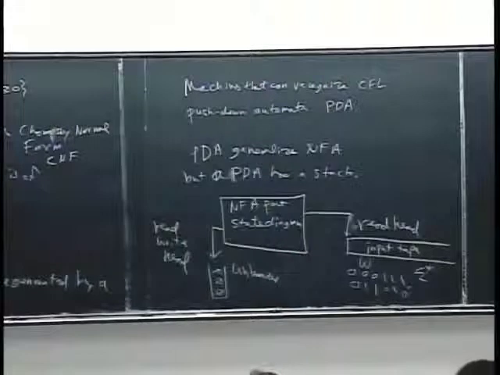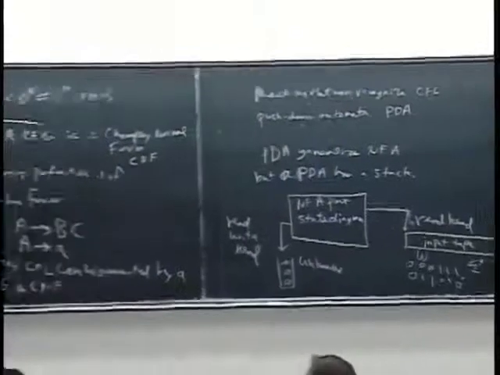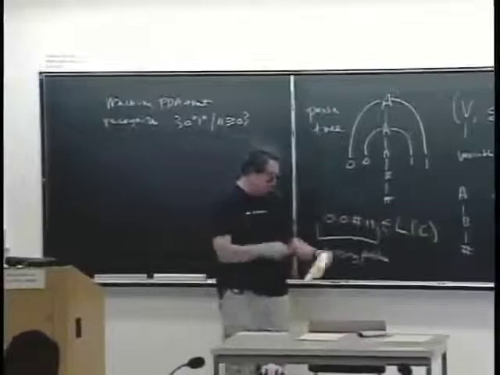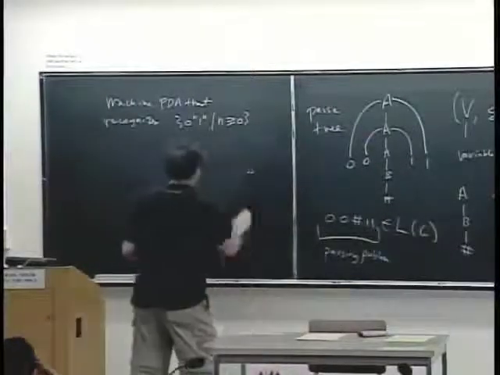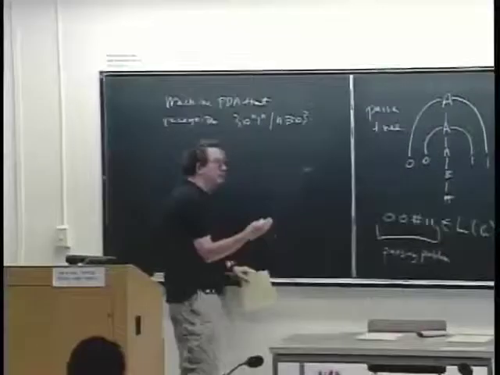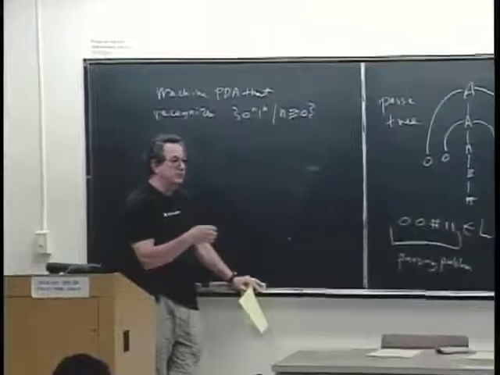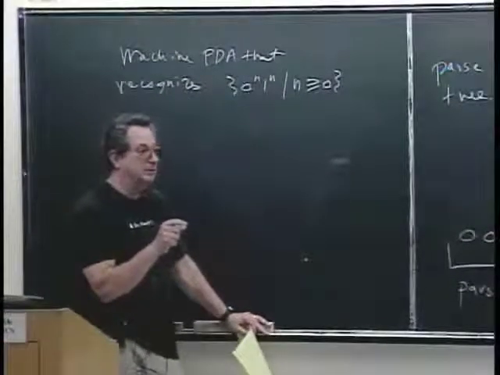But the idea basically was right, that you can use that stack to remember the zeros, and then when you get into the 1s, you can pop the stack and therefore compare the number of 1s. Every time you see a 1, you pop the stack, and in the end, you're comparing the number of 1s and zeros. You're not ever remembering the number n.